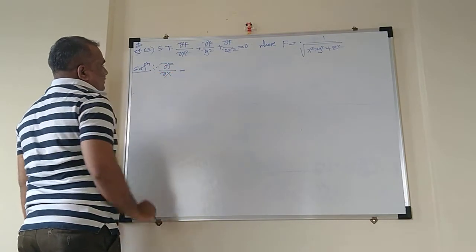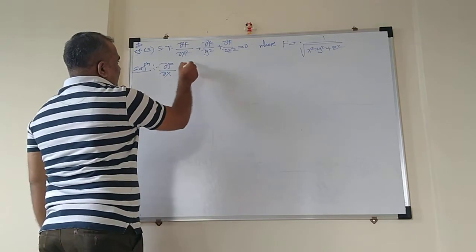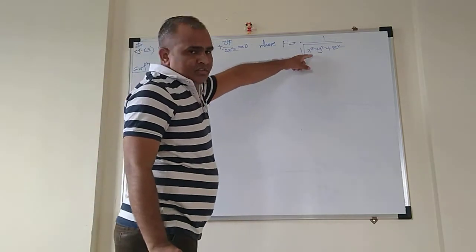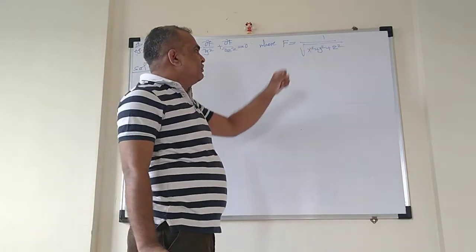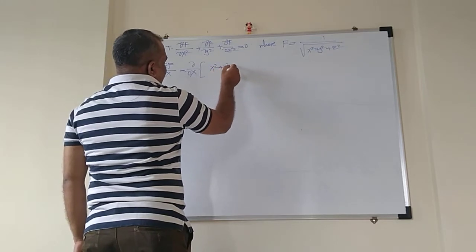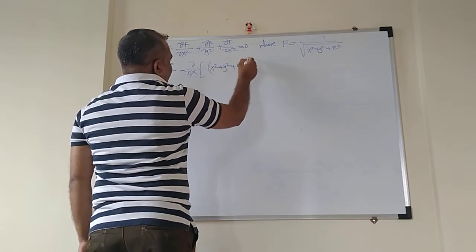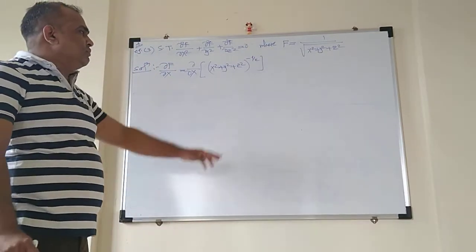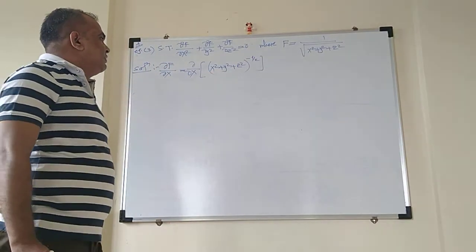Let's calculate this first. So this is dou by dou x of the given function, and your given function is this 1 upon square root. I can also write x square plus y square plus z square raised to power minus half, because this will be easier to differentiate.